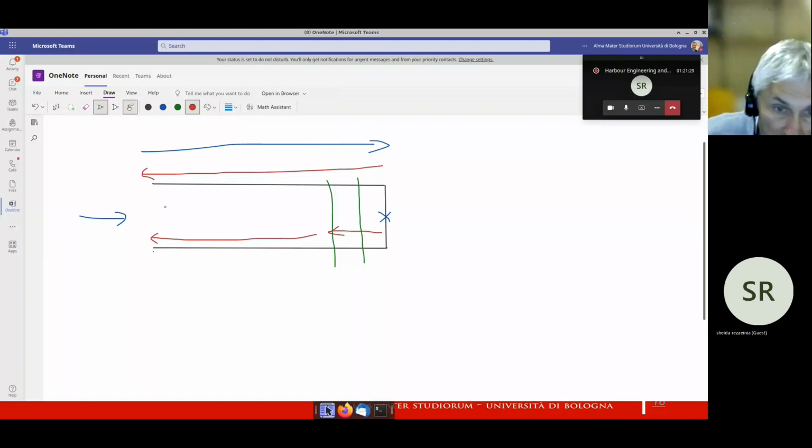So basically what we have to check is whether the time taken by the wave to go forth and back, divided by the number of crests, is close to the period of the incoming wave. This is the check that we have to make.